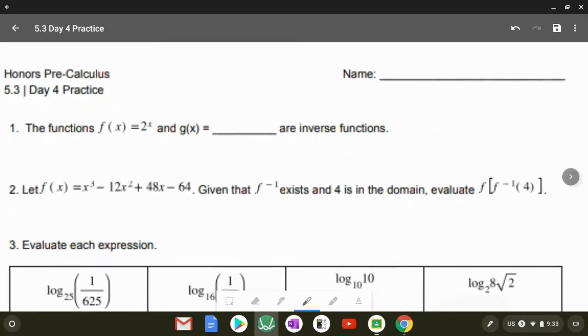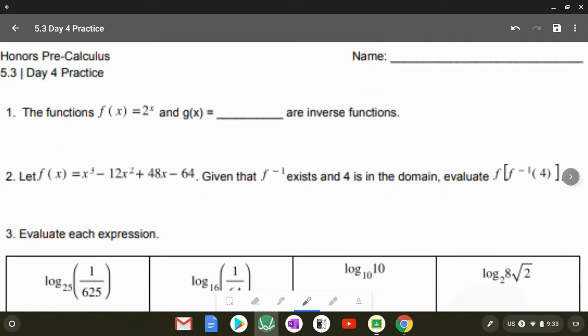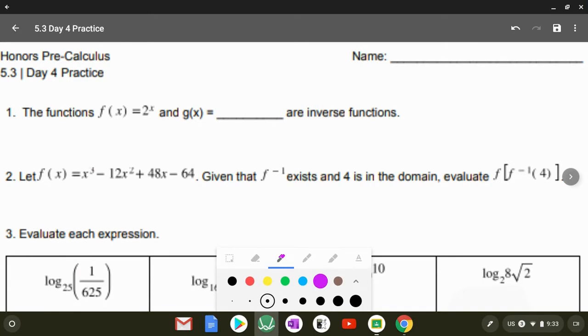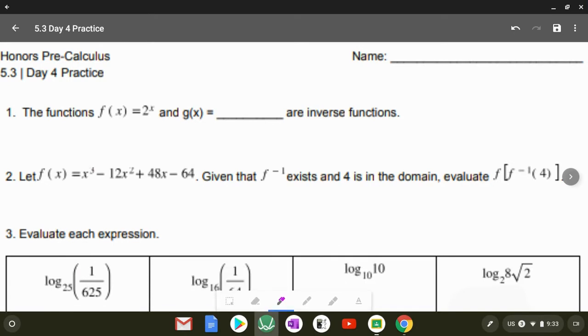So talking through numbers 1 and 2, we'll take a look at number 1 real quick. This is an exponential function, and it's just saying that the function f of x equals 2 to the x and g of x equals blank are inverse functions. Well, let's say hypothetically we didn't know what that was already.